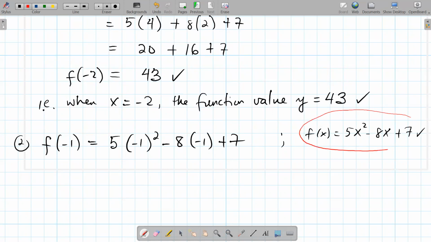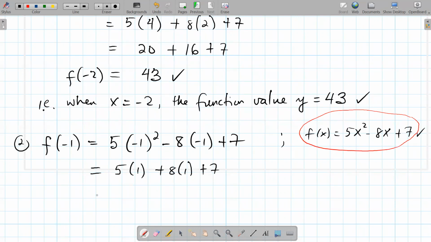Okay, so just replace the x with whatever value you see here, and this is what we have. Remember, anytime you square a negative, it's always a positive. So that will give me 1 here. 2 negatives will be a plus.